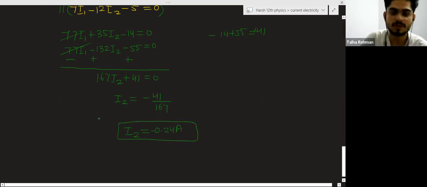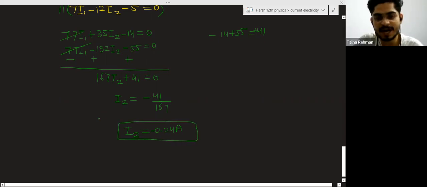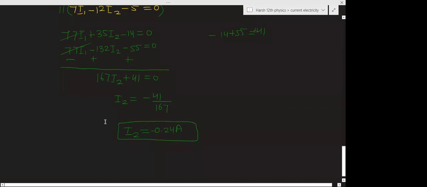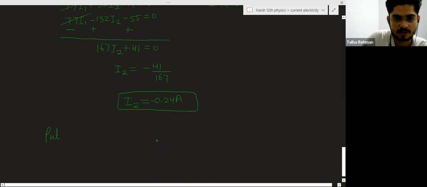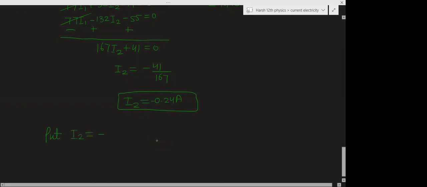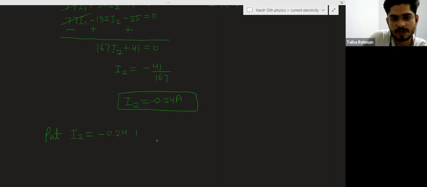Now we have found I2. Now we will find I1. We'll put the value of I2, 0.24, in equation 1.